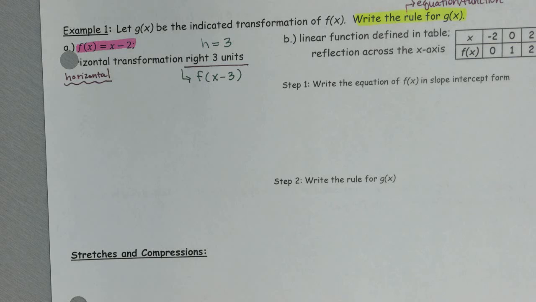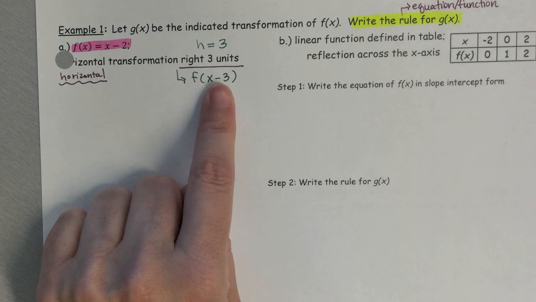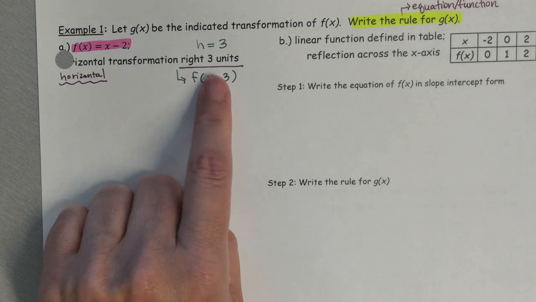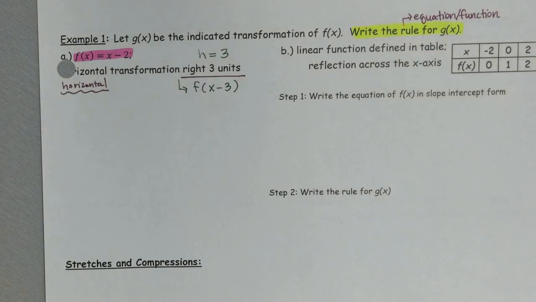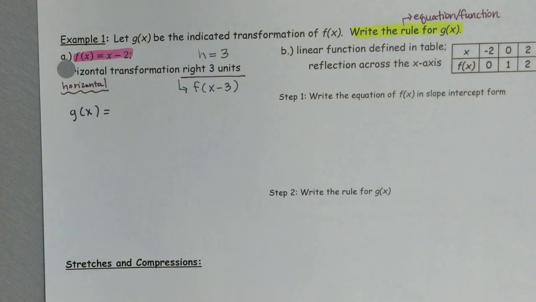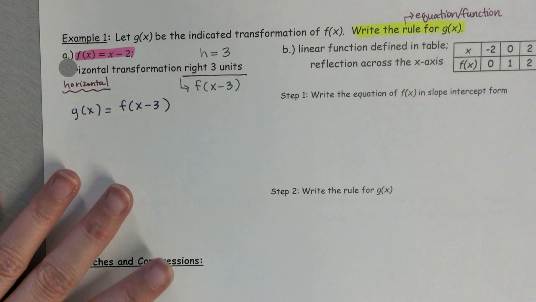Okay, so the rule is f of x minus h, so f of x minus 3. What questions do we have about this rule, or the h value, or why it looks the way it does? Remember, if you're going right, you're going to see the opposite. All right, then we are going to create g of x. So g of x is going to be f of x minus 3. That's our rule.